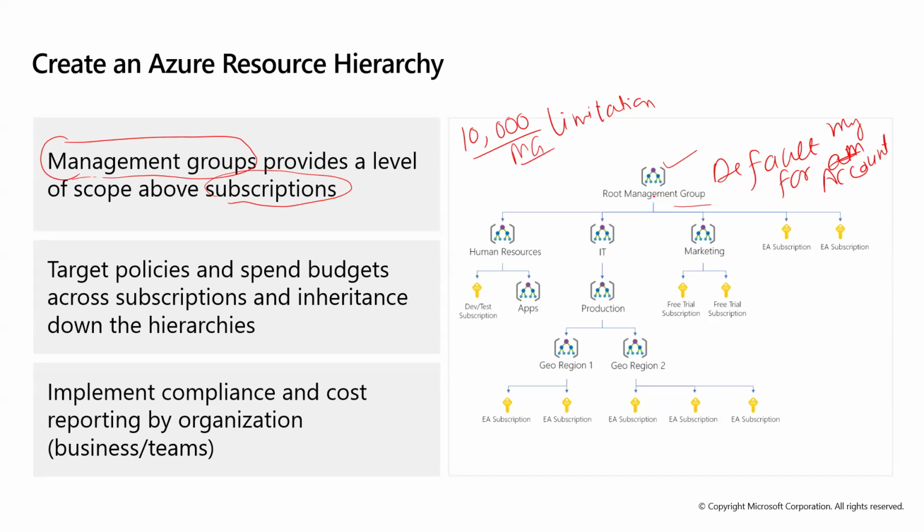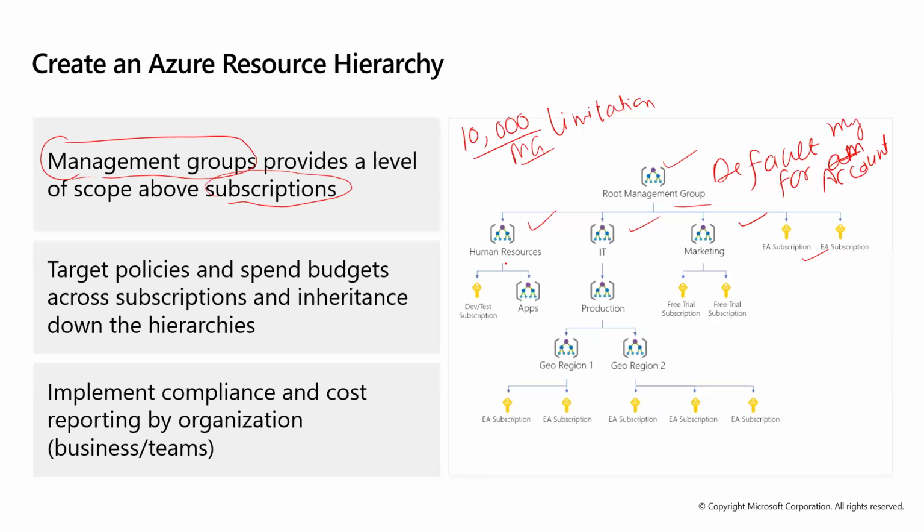Inside this root management group, for example, on the basis of my business units or departments, I have created different management groups, like human resources, IT, marketing. You could also create your subscription inside this root management group as well. So I have created this enterprise subscription.